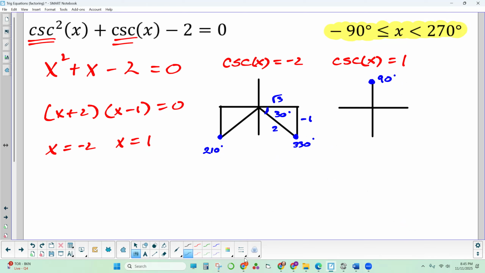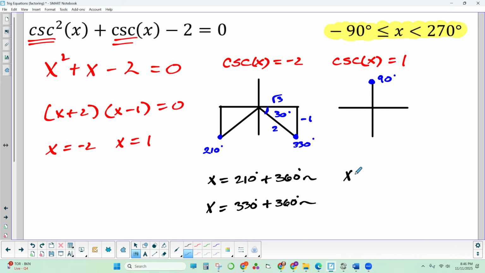So let's look at our principal angles here. We've got x equals 210 degrees plus a period of cosecant, which is 360 degrees n. Our next principal angle is 330 degrees plus 360 n.